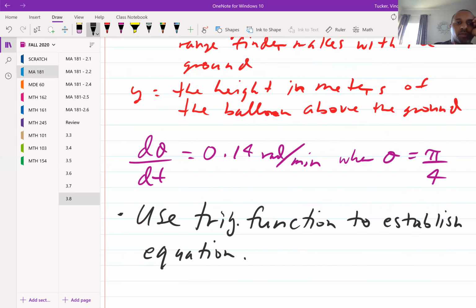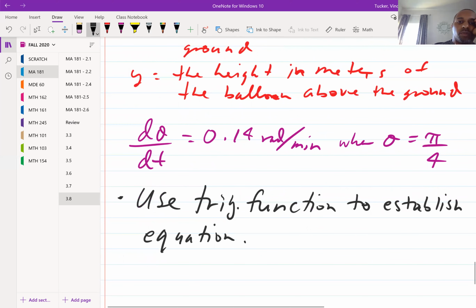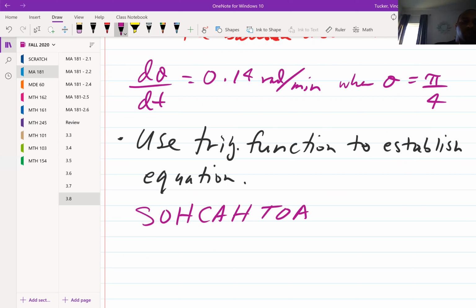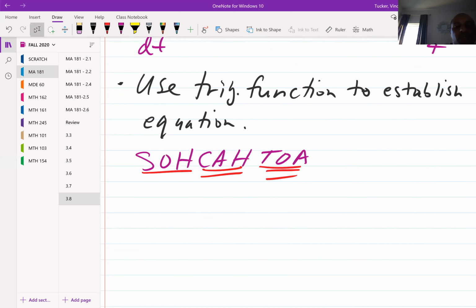What we can use is SOHCAHTOA. And just giving a recap on what that means.